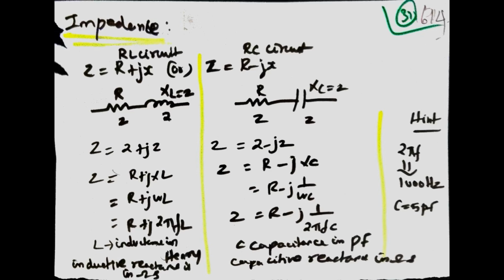Inductance is in henry, inductive reactance is in ohm. Capacitance is in picofarad, capacitive reactance is in ohms. For example, C is 5 picofarad.